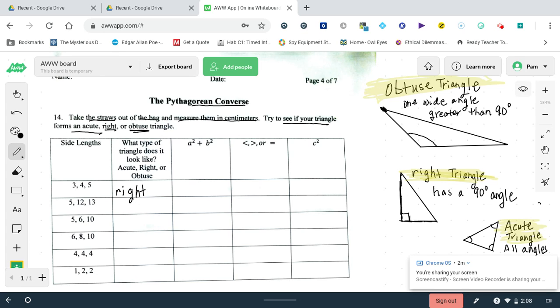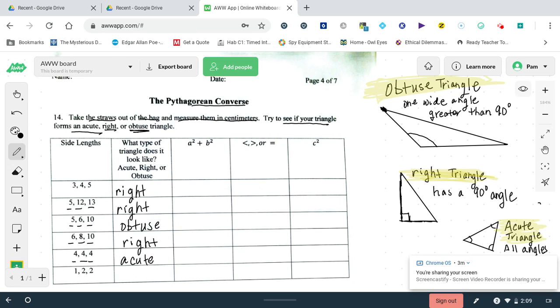If you had straws of 5, 12, and 13 centimeters, it would have also formed a right triangle. Straws of 5, 6, and 10 centimeters would have formed an obtuse triangle. 6, 8, and 10 would have formed a right triangle. 4, 4, and 4 would have formed an acute triangle.